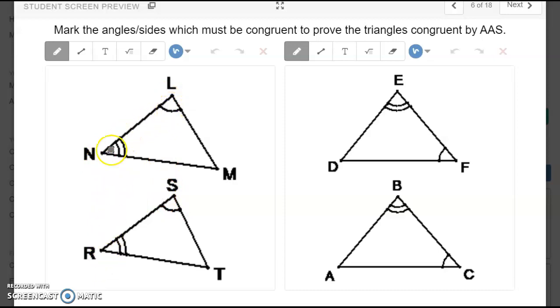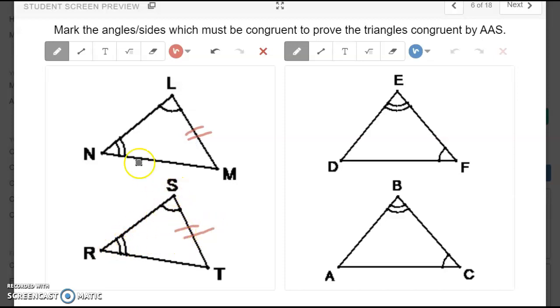So I have one pair of angle, another pair of angle, but the side that is congruent cannot be the included. It cannot be this one. It can be this one, so I could put a tick mark here and tick mark here. Or alternatively, I could have done a tick mark here as well, because that would mean angle, angle, side.